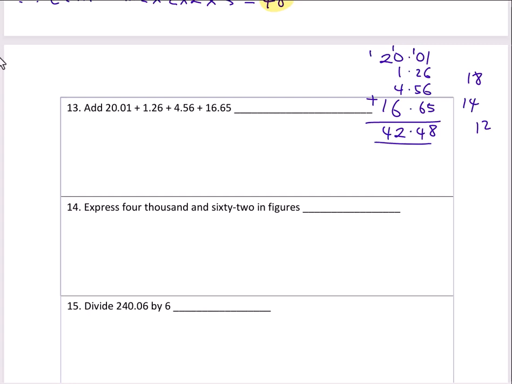Remember to add your decimal, so we have 42.48.